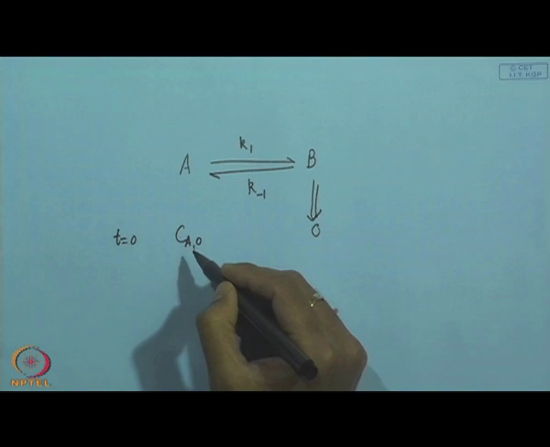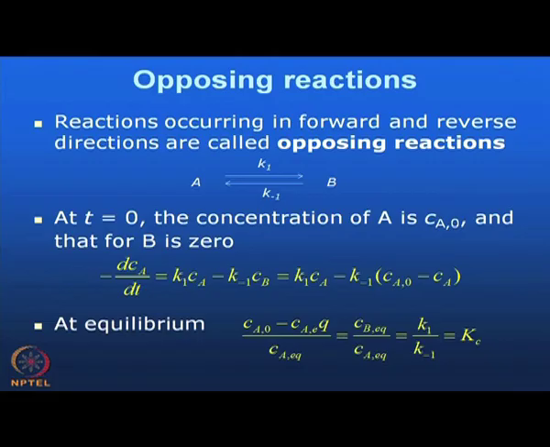So, the rate of disappearance of A can be written in this way. You can look into the slide that minus dCa/dt is K1 Ca minus K minus 1 Cb, because this is the concentration of B, this is the concentration of A, and so you can write K1 Ca minus K minus 1 times (Ca0 minus Ca).